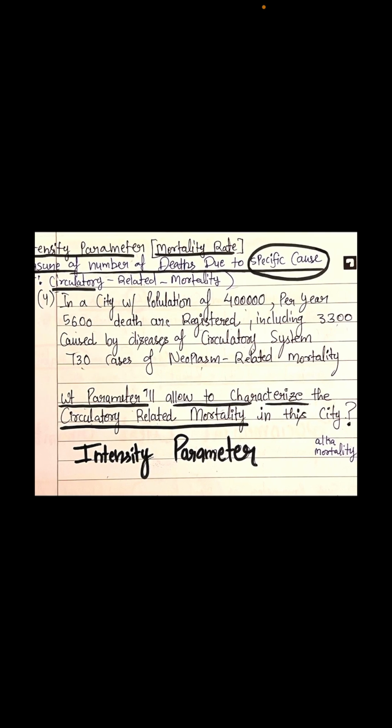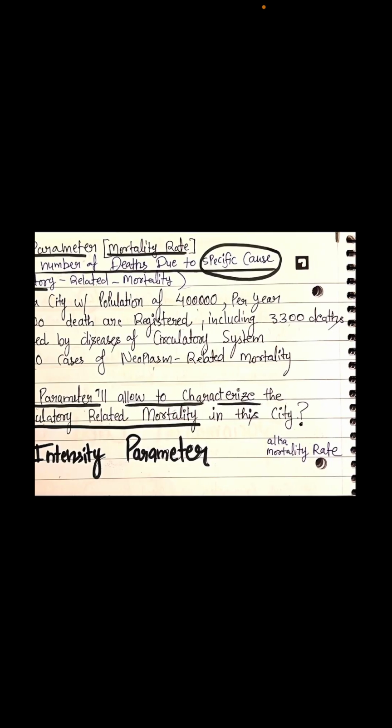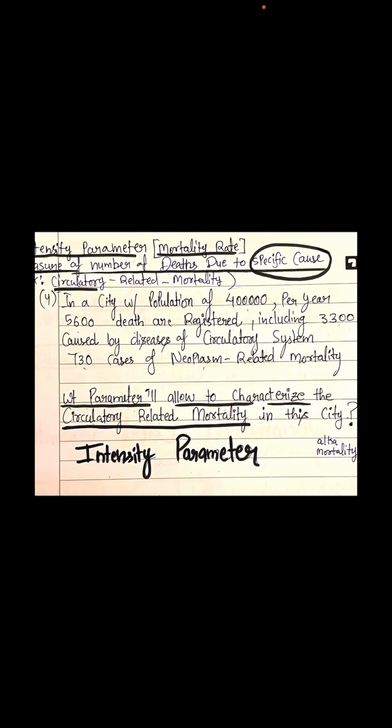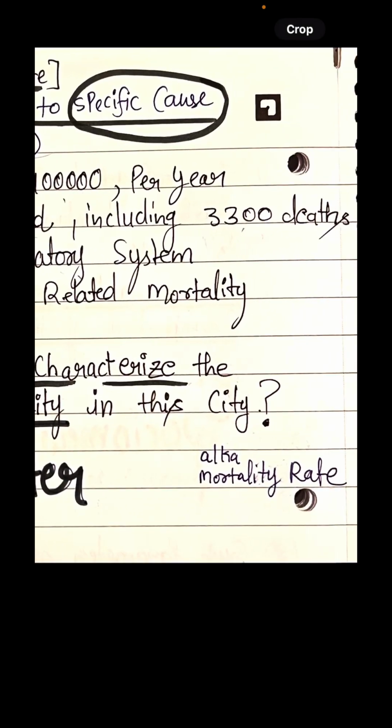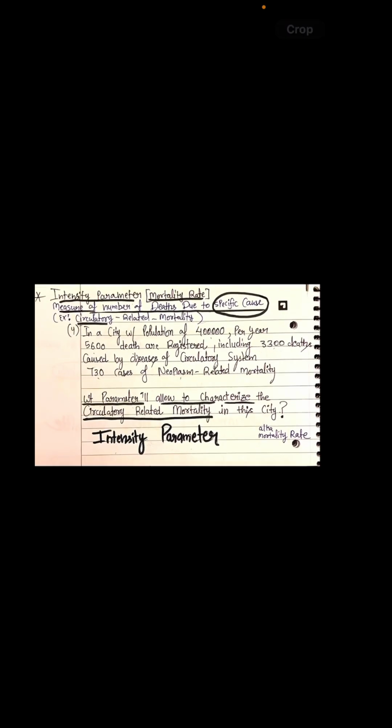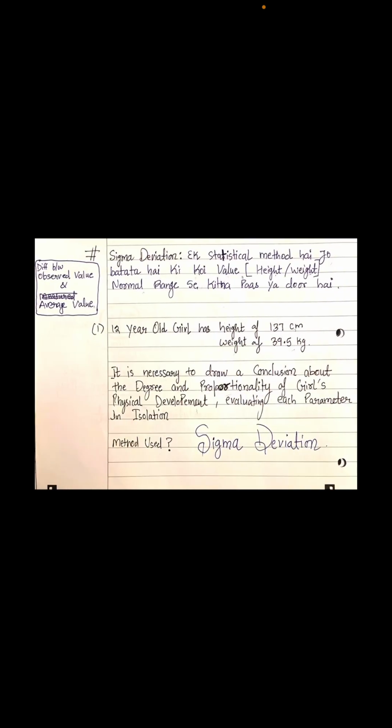They are asking what parameter will allow them to characterize the circulatory related mortality in the city. The intensity parameter, also known as mortality rate, will measure the number of deaths due to a specific cause, like circulatory related mortality in this question.